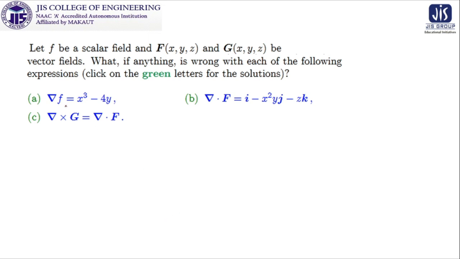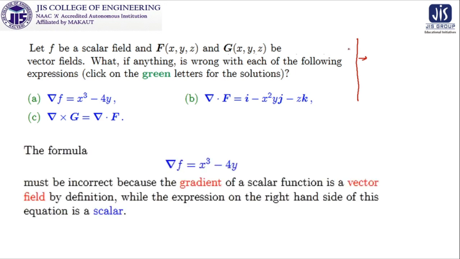I have taken this problem from internet resources, which are mentioned in the reference part. First of all, we are looking at this one. What is given? It is del f is equal to x cube minus 4y.